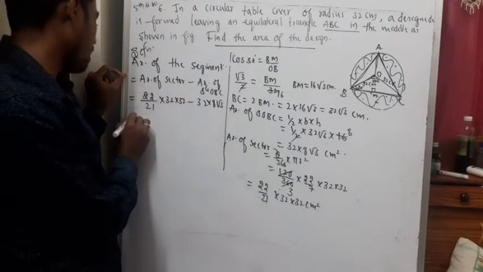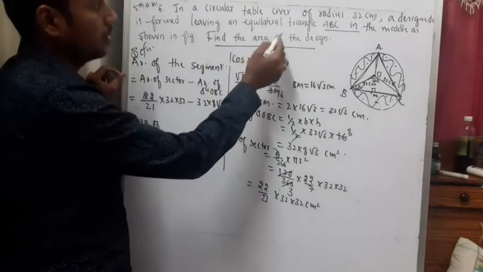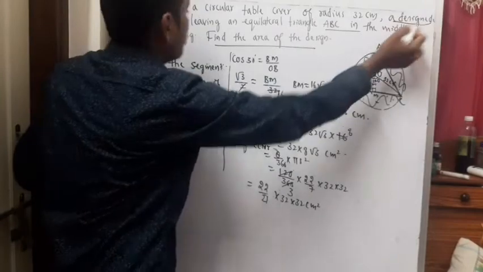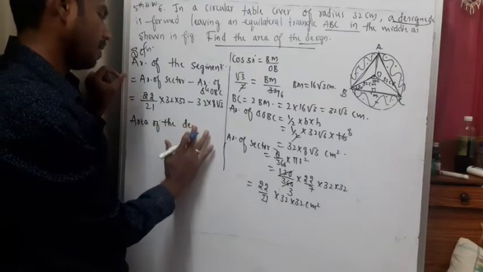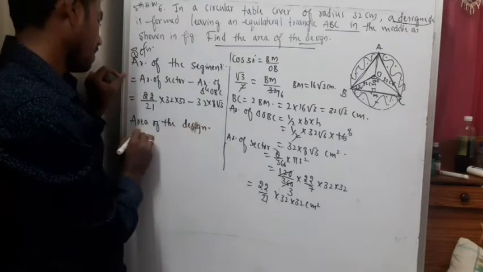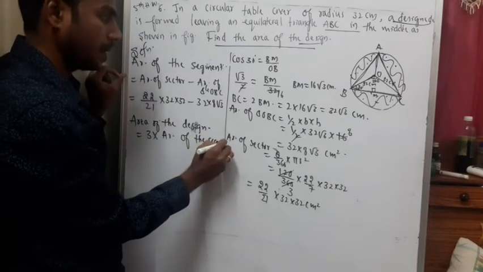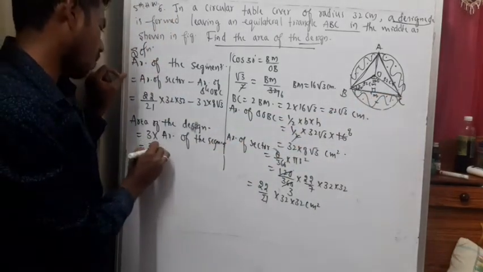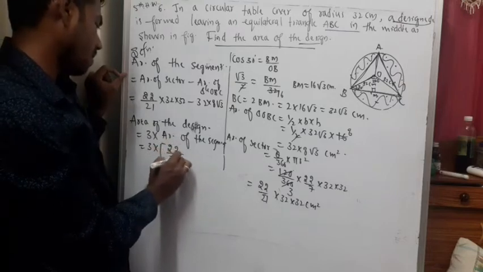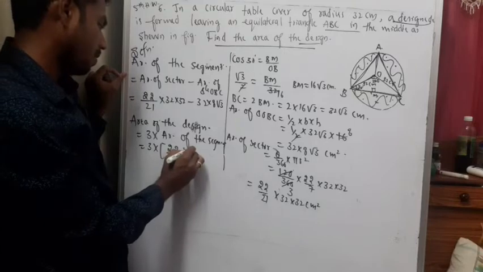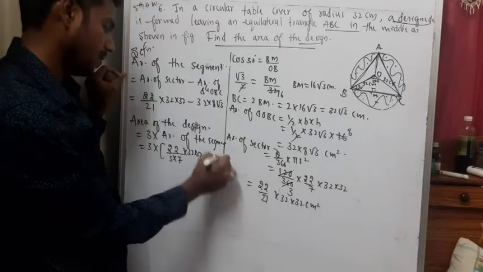Now the area of the design is equal to 3 into the area of the segment. 22 divided by 21 can be written as 22 divided by 3 into 7, into 32, minus 32 into 8 root 3. We will keep it as it is.